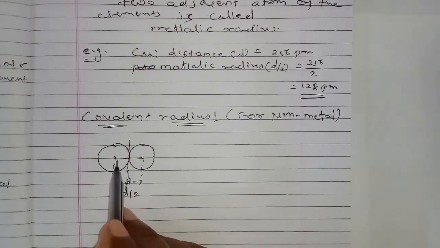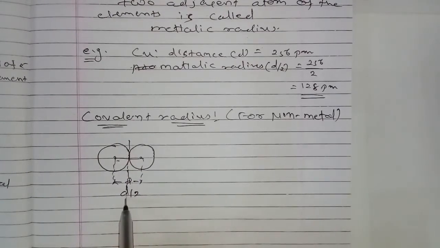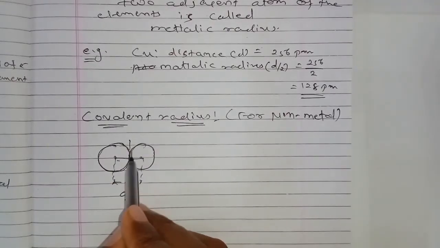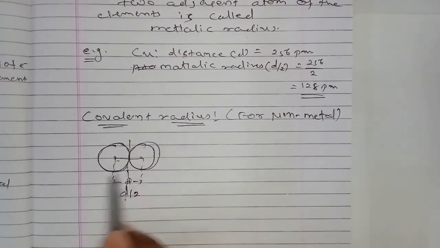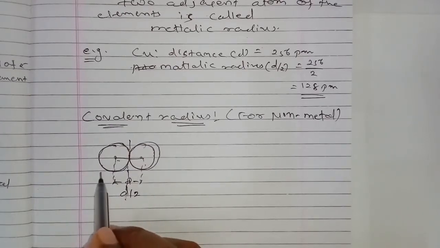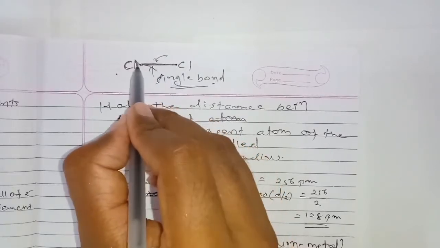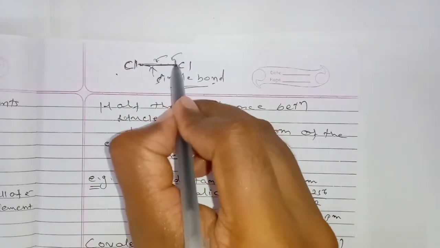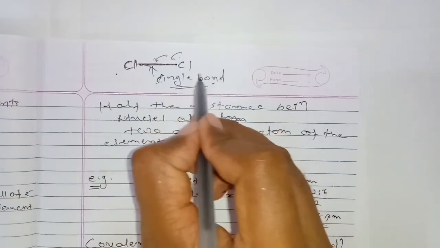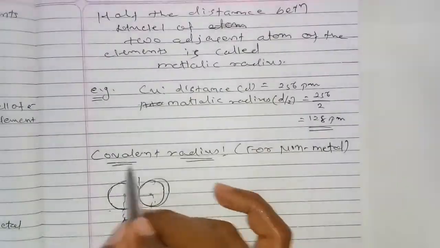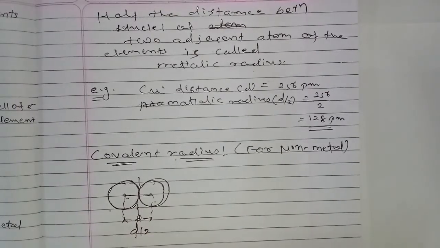Half the internuclear distance between two similar atoms of any element which are covalently bonded to each other by a single covalent bond is called the covalent radius.